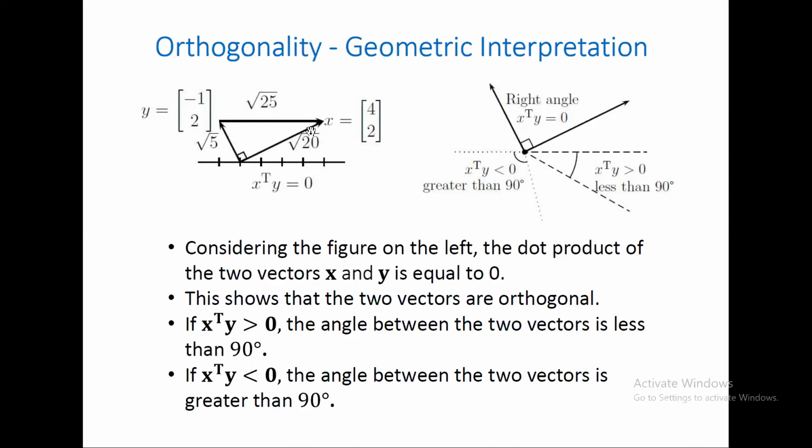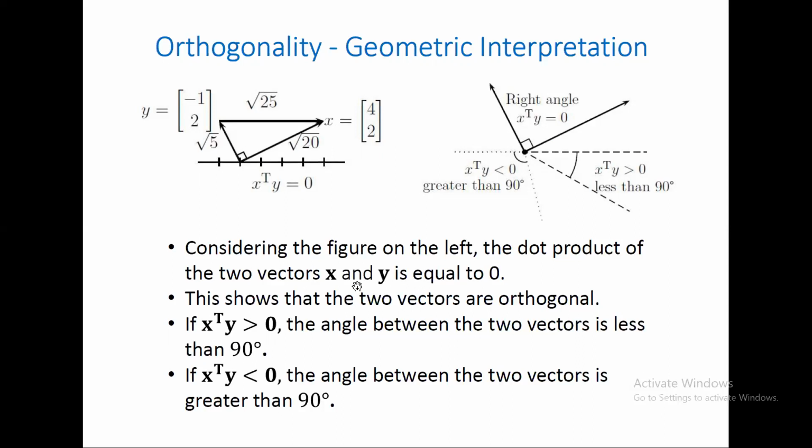They are perpendicular to each other, which we can check by taking the dot product: 4 into -1 is -4, 2 into 2 is +4. Adding both gives the value 0, and hence the dot product is equal to 0. This shows that the two vectors are orthogonal, they are perpendicular to each other.